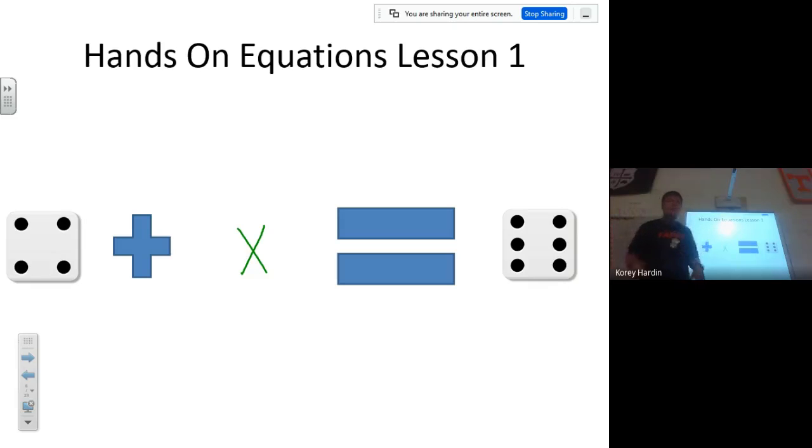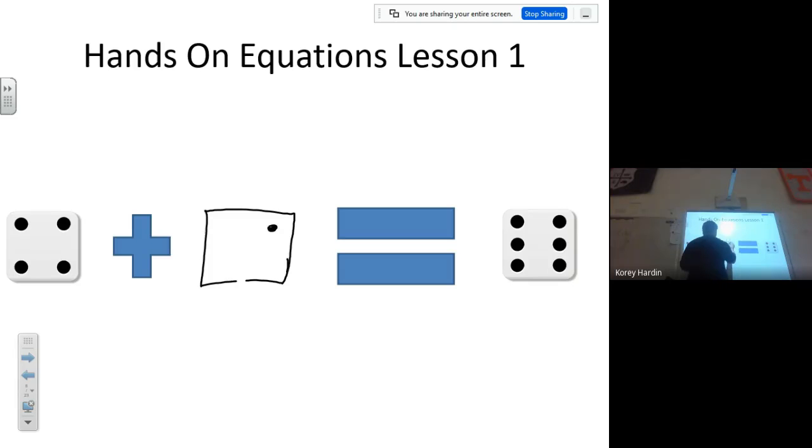Next week, we're going to figure out how to solve these, but you can guess it. I've got to find something that goes right there that goes with a 4 to equal 6. So 4 plus 2 equals 6. That's algebra, that's equations.